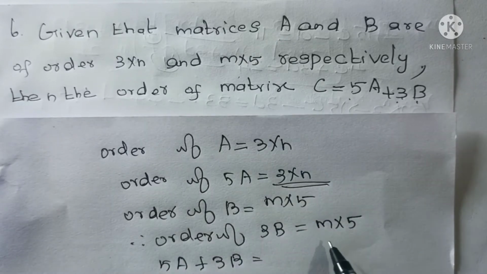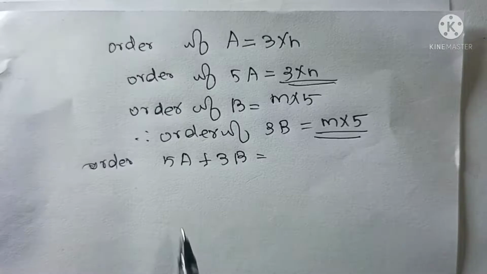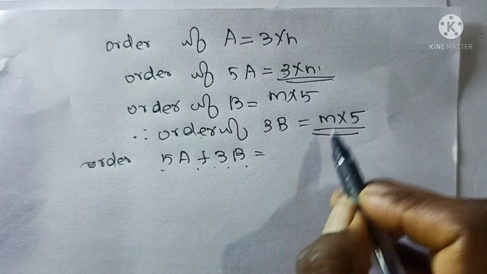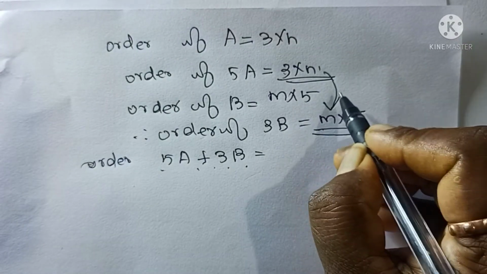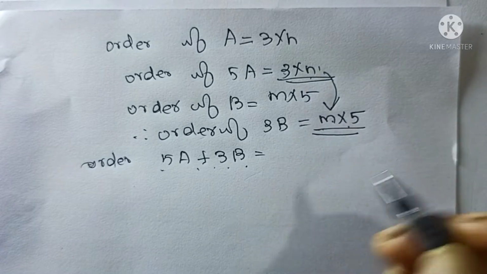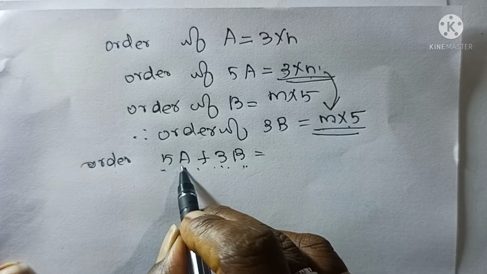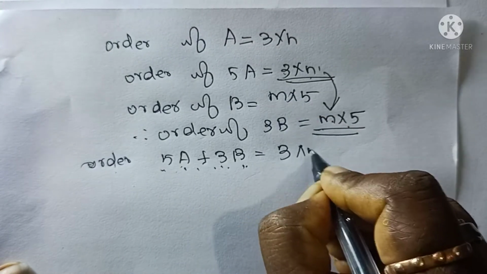Here 3 by n, here m by 5, correct? So when is 5A plus 3B defined? If this is equal to this, m is equal to n, then 5A plus 3B is defined. So what is the order of 5A plus 3B? Which is equal to 3 by 5.